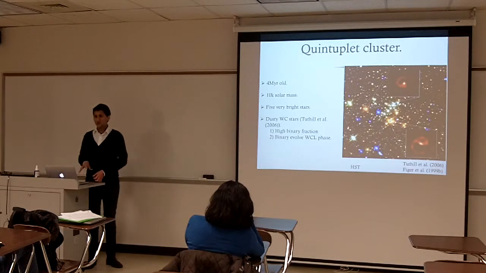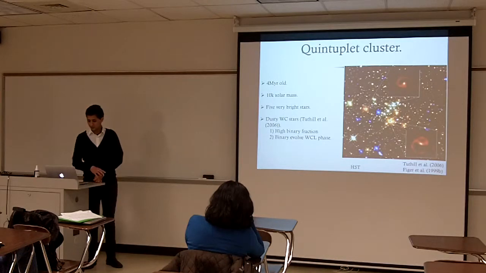They contain really bright stars compared to the other clusters I've shown before. And what they found in the Quintuplet cluster is the dusty Wolf-Rayet stars mixed with carbon, the dusty Wolf-Rayet stars.